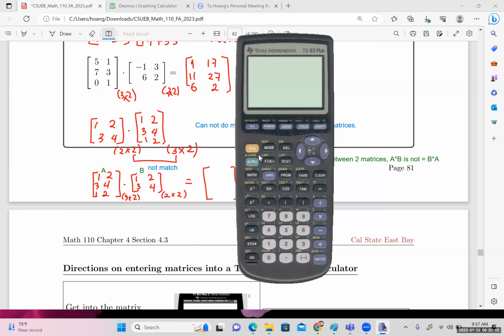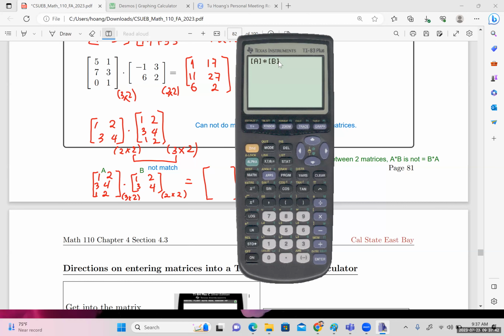Now I'm going to do the multiplication between A and B. What I do is click second and matrix again. See the names here. I'm going to use matrix A, so I click enter. So I got matrix A, and then multiply with matrix B. Click multiply, then I need to put down matrix B. Second matrix, and you move down to number 2, matrix B. Enter that.